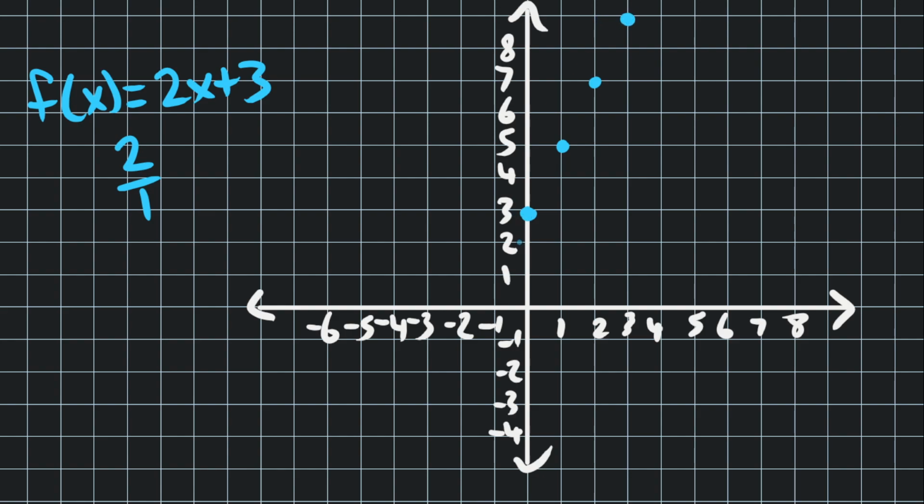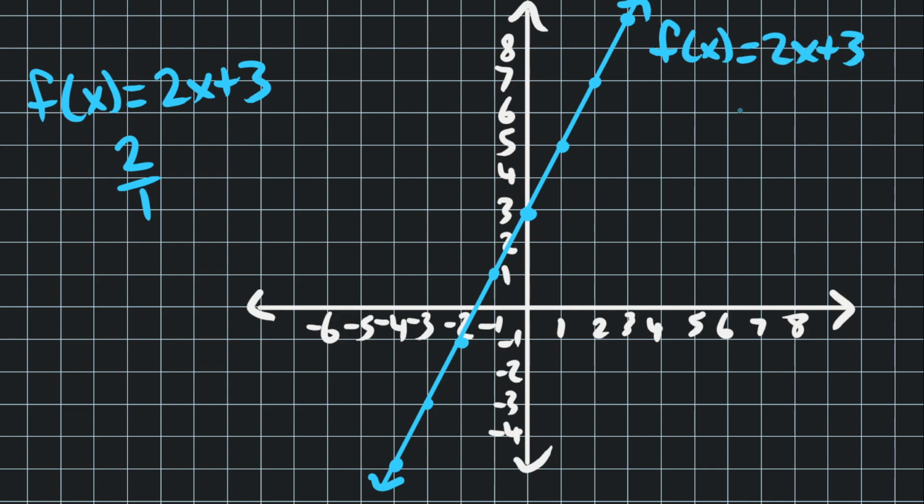And then backwards, down 2, left 1, down 2, left 1, down 2, left 1, down 2, left 1. There we go. Let's connect all these points with a line. And this is f of x equals 2x plus 3.